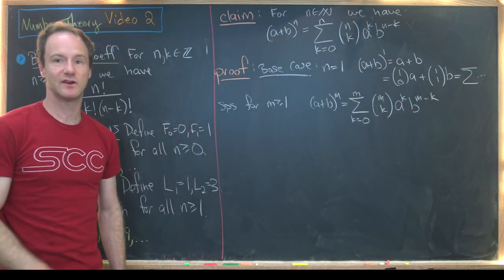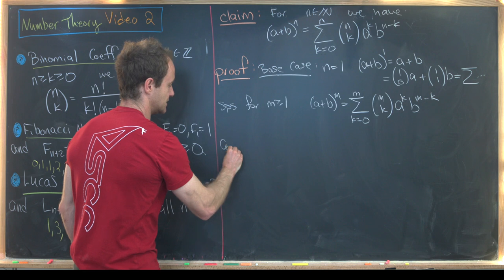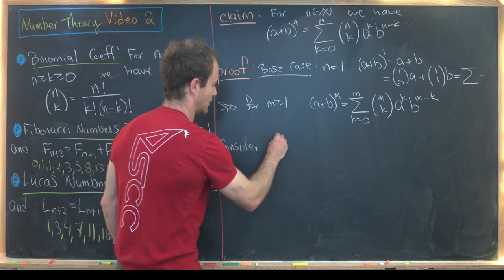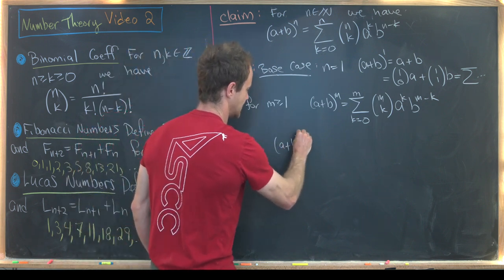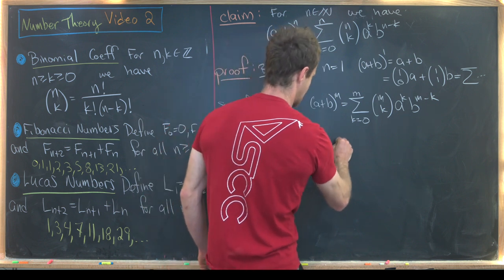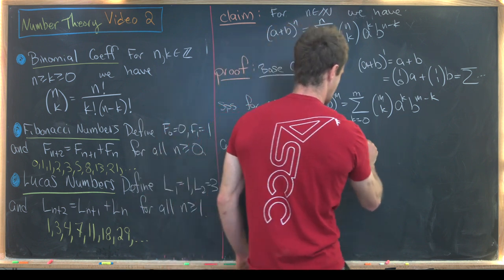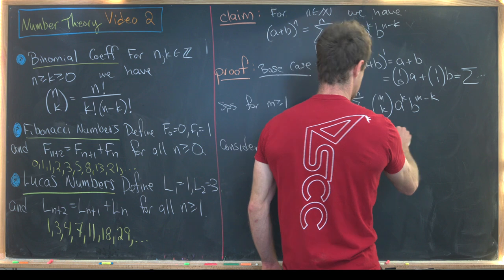And then we want to consider the next object. So that next object will be a plus b to the m plus 1, which is equal to a plus b times a plus b to the m.